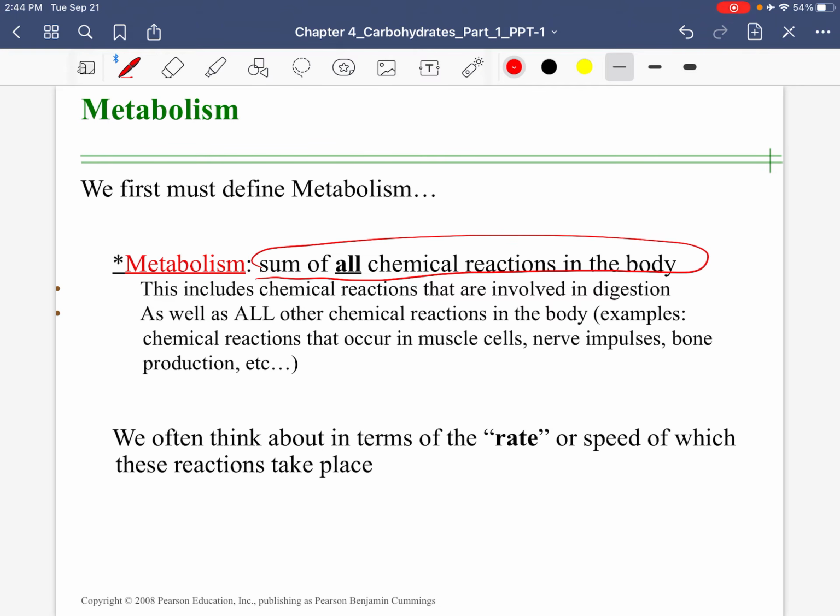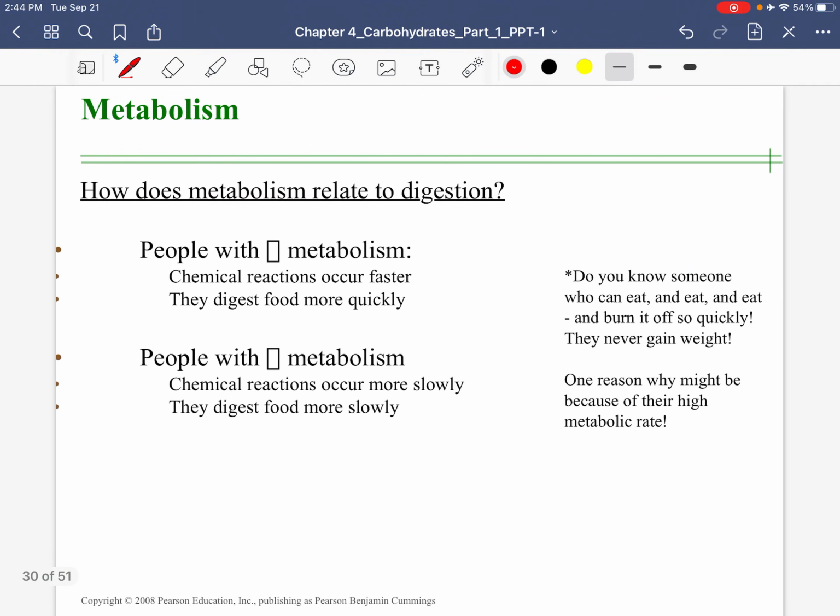And that relates to digesting nutrients. But you see, in reality, metabolism includes all our chemical reactions, not just the chemical reactions involved for digestion. It could be any chemical reaction, laying down new bone, forming other chemicals, any chemical reaction.